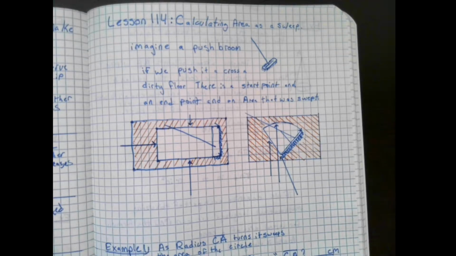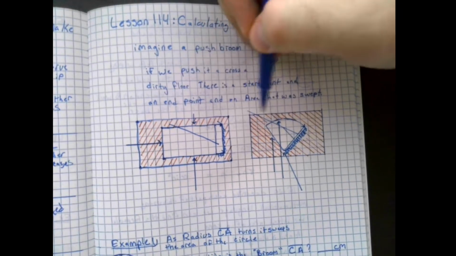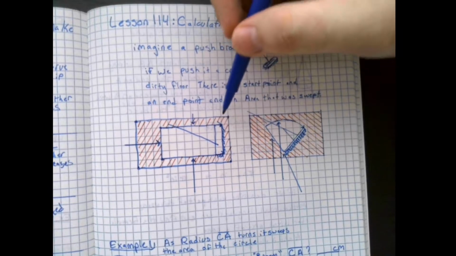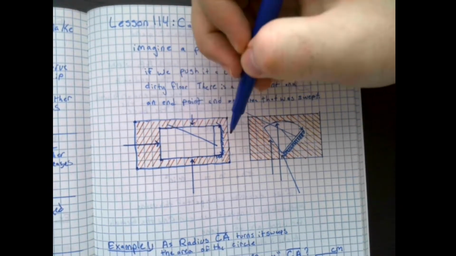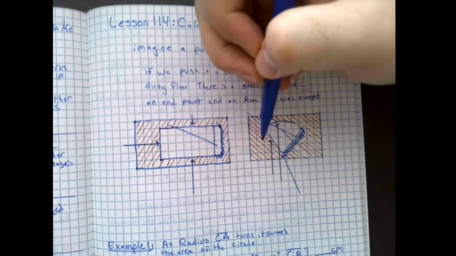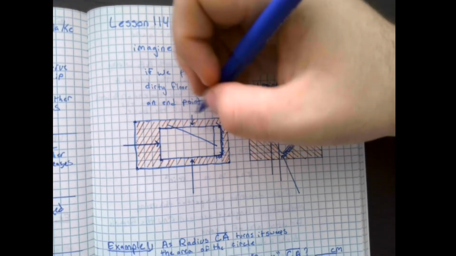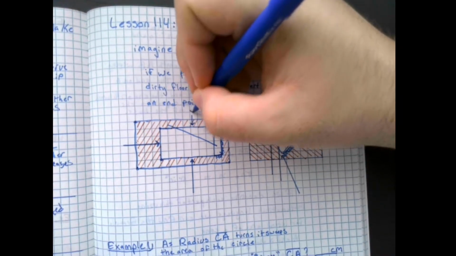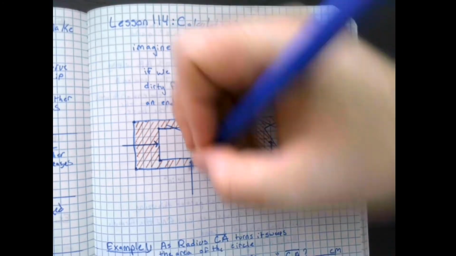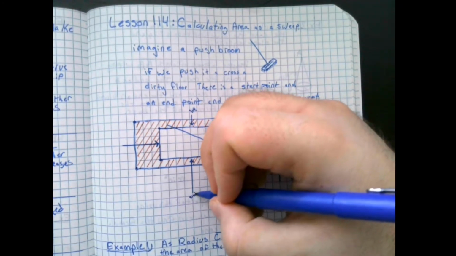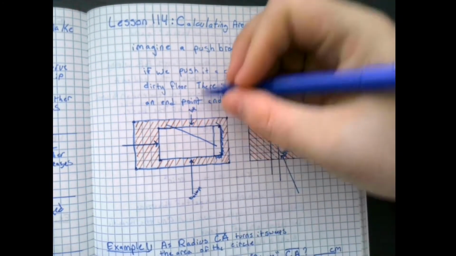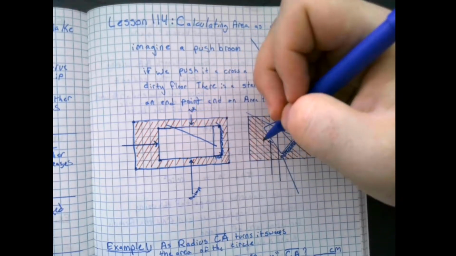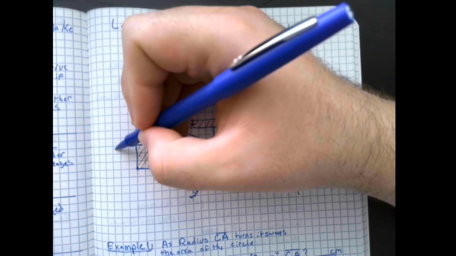Now, I've illustrated that in two different ways right here. Now, in this first way, we push the broom straight. We've just pushed it straight across. We've got the top of the broom, the bottom of the broom, and these are the same because we pushed it evenly across. We've got the width of the broom.